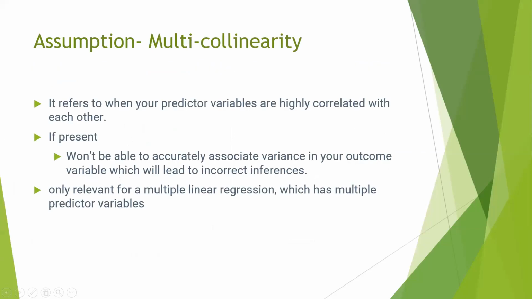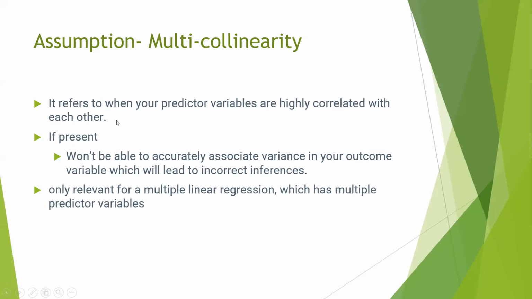Now the last assumption of linear regression is multicollinearity. Multicollinearity refers to when your predictor variables are highly correlated with each other. Predictor variables means your independent variables, by which you are going to predict the dependent variable. This is going to happen when you have a lot of independent variables.